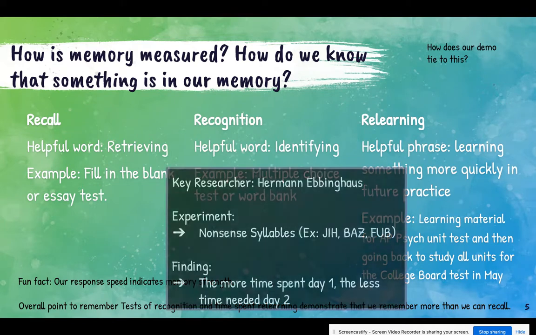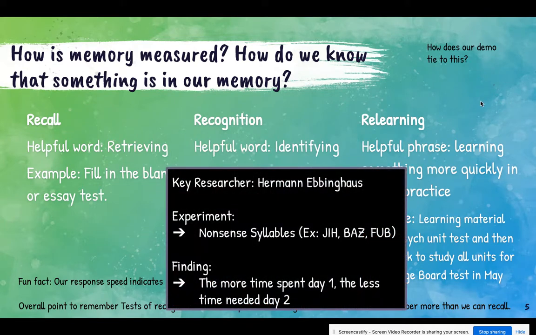Okay. So, who is a key researcher tied to this? Hermann Ebbinghaus is one of the key researchers tied to this. What he had was a list of nonsense syllables, and I have examples of them there. What he did was he memorized that list of nonsense syllables one day, and then he came back the next day to see how long it would take him to relearn.